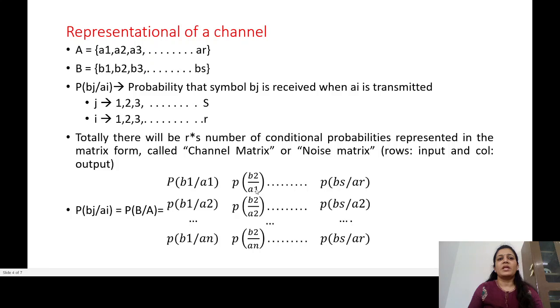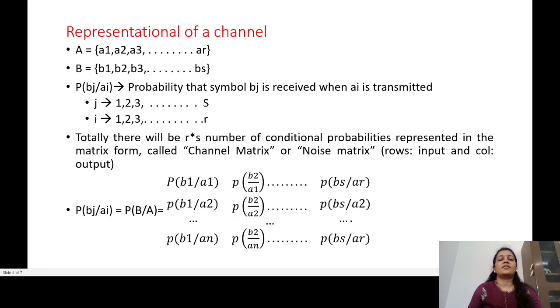Similarly, P of B2 by A1, which says that A1 has been sent but B2 has been received. Similarly, this last probability says that A1 has been sent but we have received BS.